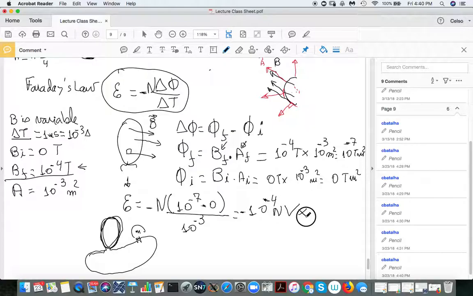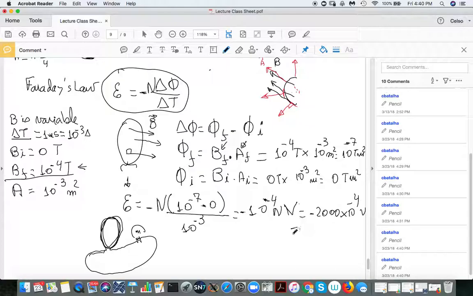So in other words, if we do this exercise with the magnet and the solenoid we had in the lab, over 2,000 loops, we would have basically an electromotive force of, again, I'm bringing up numbers, 2,000 times 10 to the minus 4 volts.